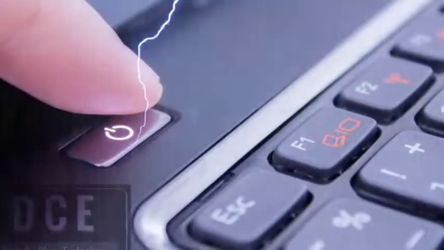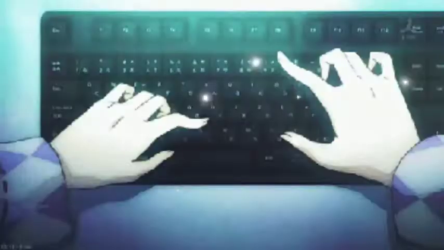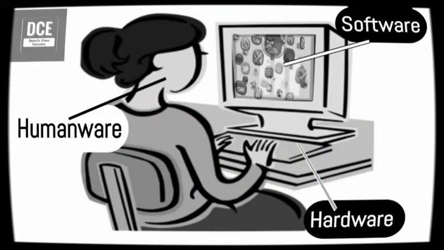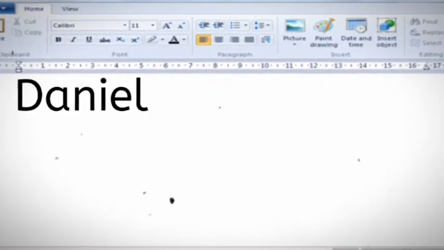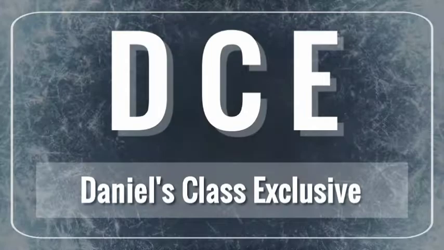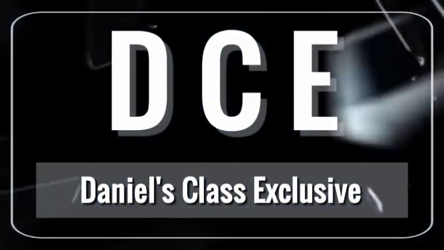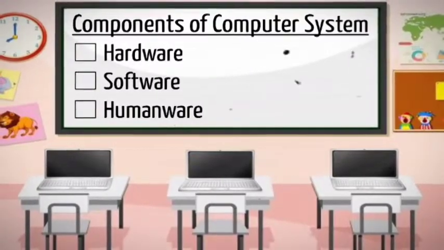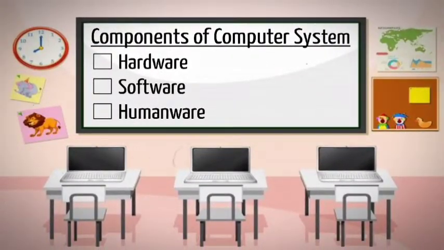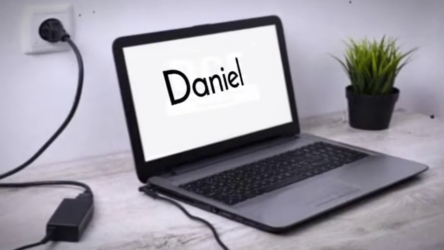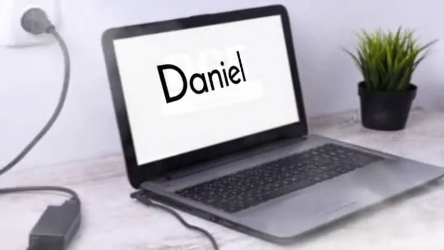Now, let's say when you boot your computer and you launch WordPad and then you type your name. This action simply depicts the combination of various components to give you results. Now, the keyboard which you use in typing your name is the hardware component.